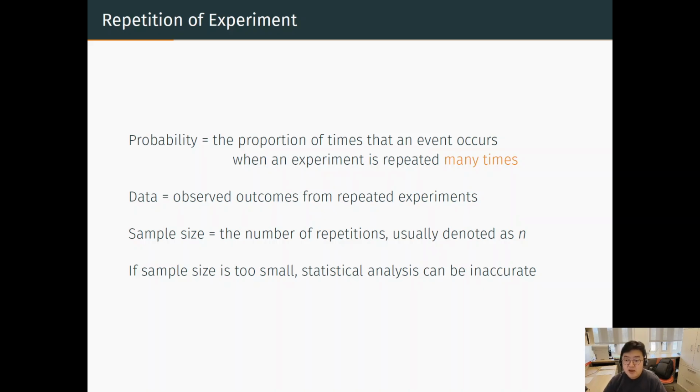In general, one universal principle in any statistics is that the sample size should be large to make an accurate analysis. If the sample size is too small, your statistical analysis cannot be accurate, right? That's a universal principle, but often it's not well recognized.